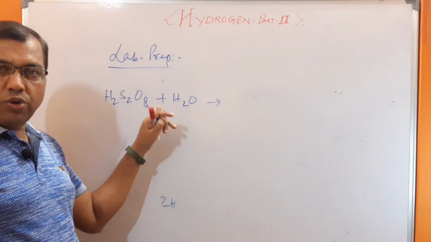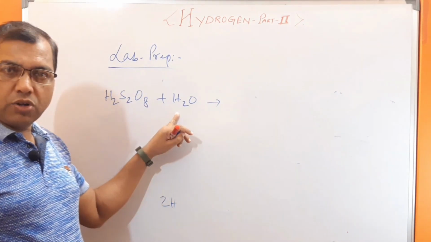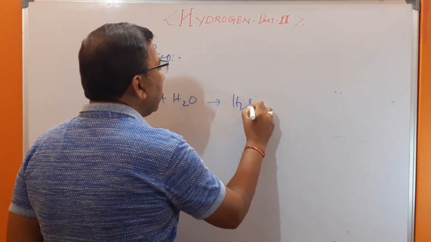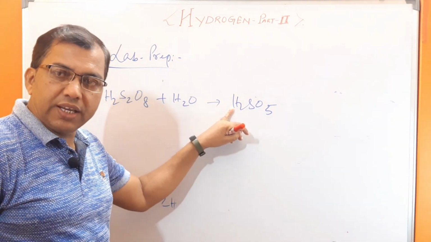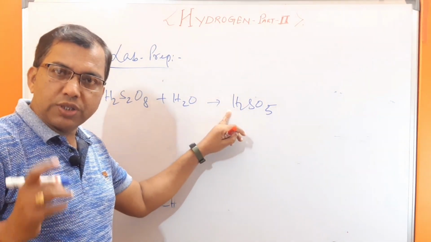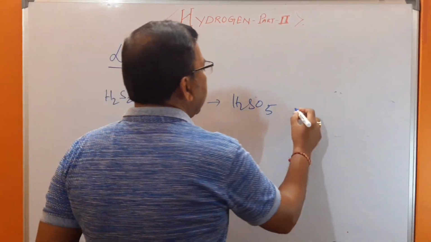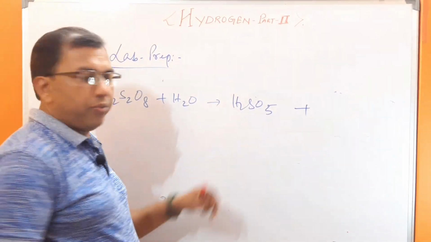Hydrolysis of this forms peroxomonosulfuric acid, H2SO5, along with some sulfuric acid, H2SO4.